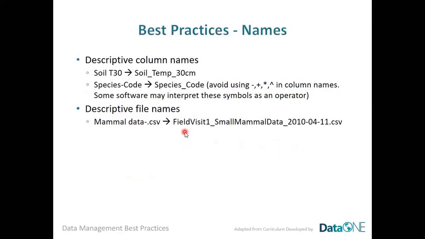The date format is in the ISO standard datetime format, which is a 4-digit year, a 2-digit month, and a 2-digit day, separated by dashes. So in this case, in the file name, it is acceptable to use dashes, whereas as I described earlier in the column names within the spreadsheet, it is better not to use dashes and to use underscores instead.